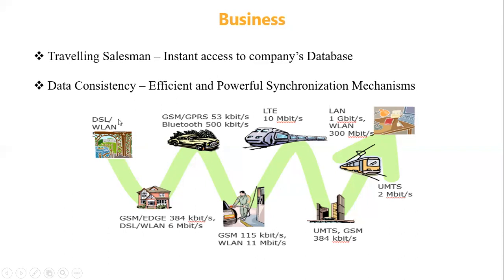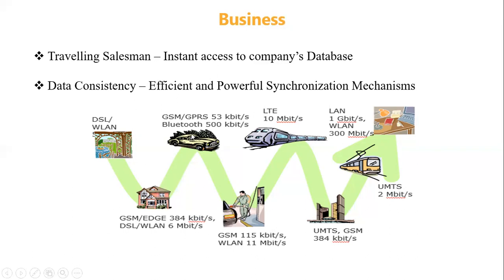Maybe at home, he will be using DSL or WLAN or any other broadband connectivity to connect to the internet. The moment he comes out of the home, this DSL network is not available. It means his device should be connected with some other network. So maybe outside, GSM EDGE, this type of network may be available, and the device will be connected with that network.